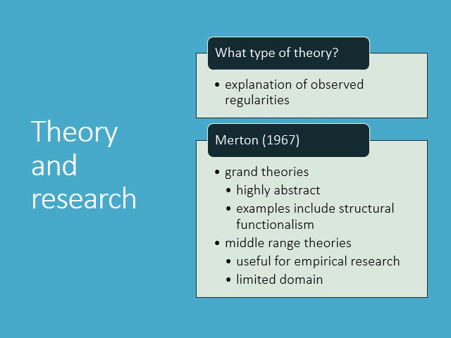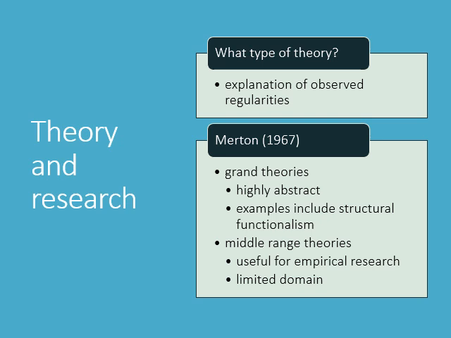Empirical relevance. So, middle range theories are particularly useful for empirical research because they address more concrete aspects of social life. They're practical in research contexts due to their narrower focus and ability to generate testable hypotheses within specific domains.